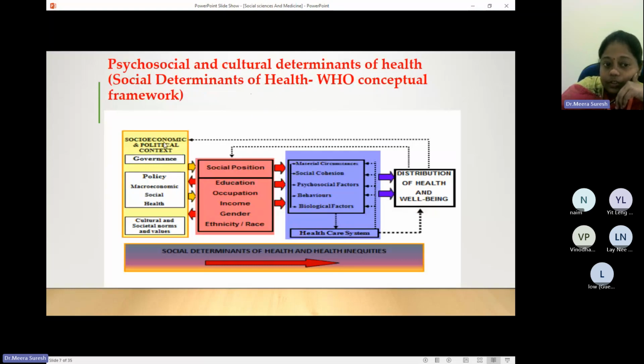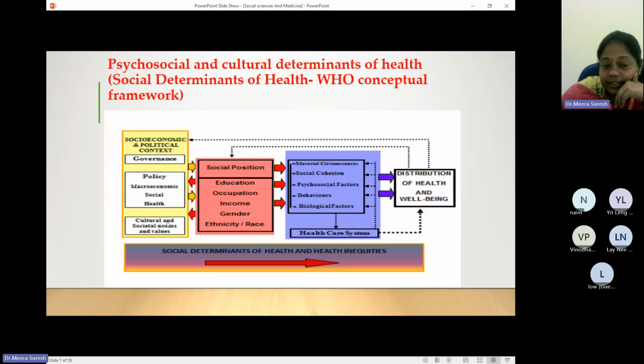So you can see the socioeconomic and political factors, including governance or the policy. Governance means what type of government it is, whether it is a monarchy or king rule or a democracy, and the health policies at the economic, social and health level, and the budget assigned by the state for health.